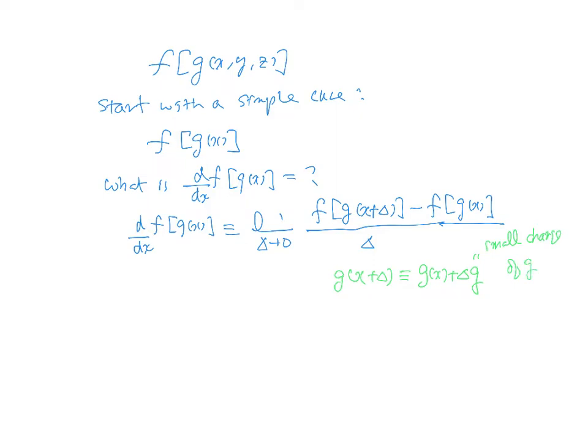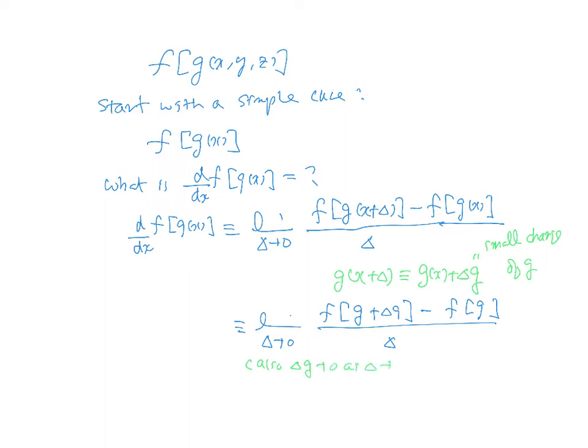Then you can write down the whole thing in the following way. Delta f over delta x equals f(g plus delta g) minus f(g), over delta x. Also, delta g goes to 0 as delta x goes to 0, right?